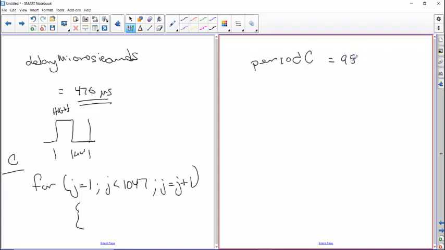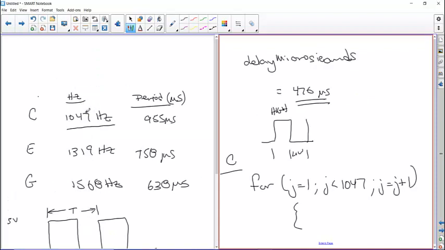So if 955 would be the period for the C, my delay time would be half of that value, 476 microseconds. And then I came up with another one, I called it count C, and that was 1047. That corresponds to the number of cycles, how many loops I have to go in my for loop to get 1 second of each one of these notes.